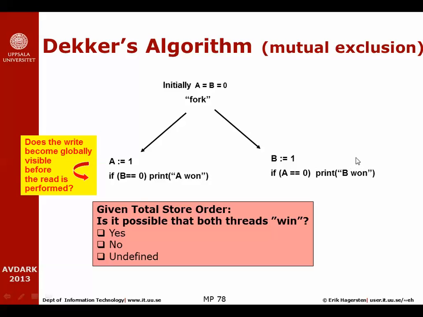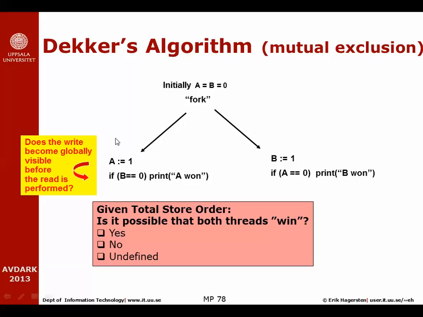So the answer is that Dekker's algorithm will break under total store order. So it's the yes answer. It's possible that both A and B win. Think about the store buffer example. This thread to the left puts its store to A in the store buffer.